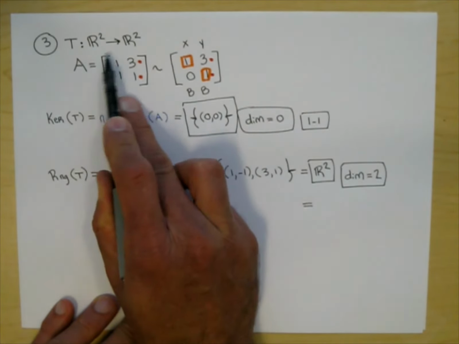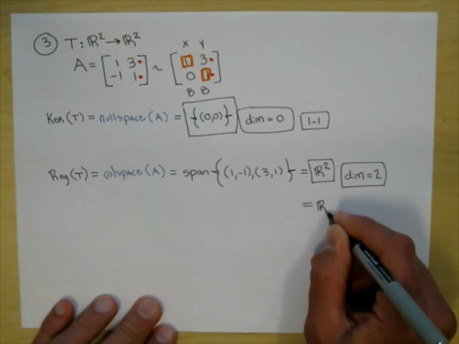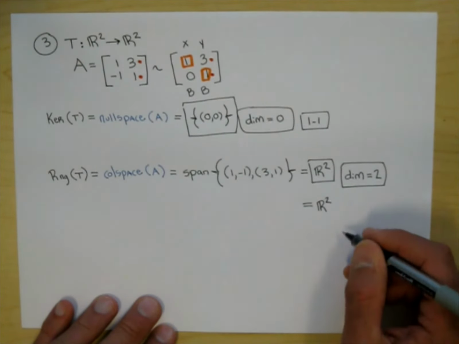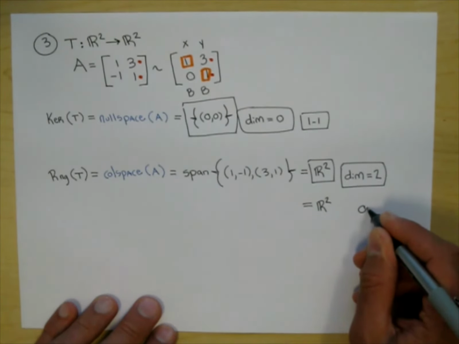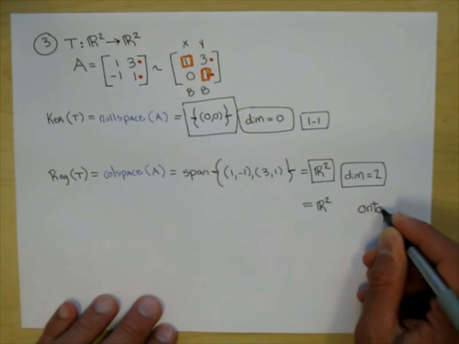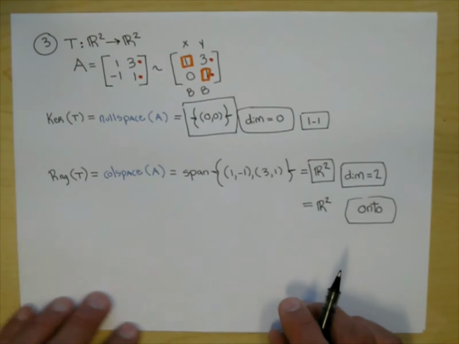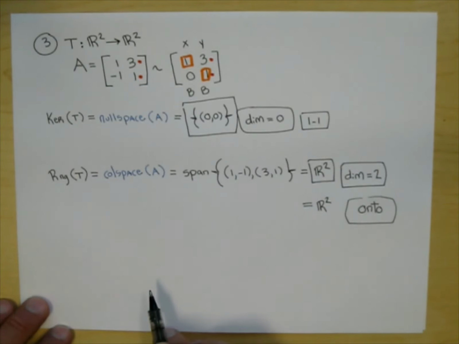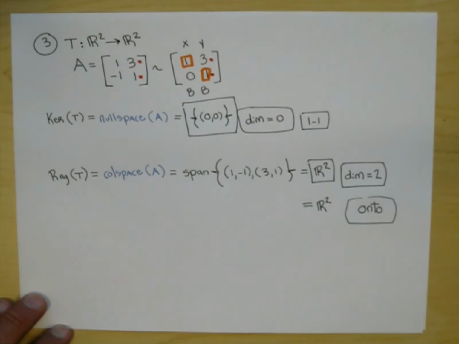And you're like, but it's the same thing, but I will always just point to this one. So does R2 equal R2, which is the codomain? And the answer is yes, which makes this linear transformation onto. So this is both 1-to-1 and onto. Now this is what I would use for cryptography. Okay, I would like onto and 1-to-1 if I was doing cryptography.